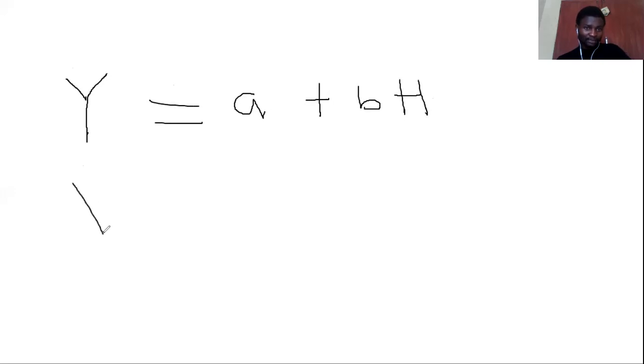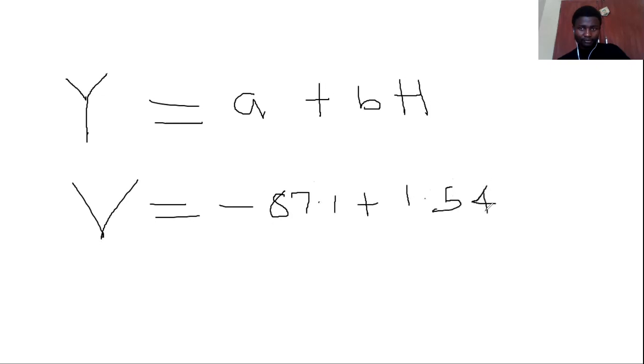Now, if I'm to write the fitted regression equation, I'm going to say volume equals minus 87.1 plus 1.54 height. So with this particular regression equation, you can easily know your volume as long as you have your height. This is what we have successfully fitted, and I think we understand this very well.